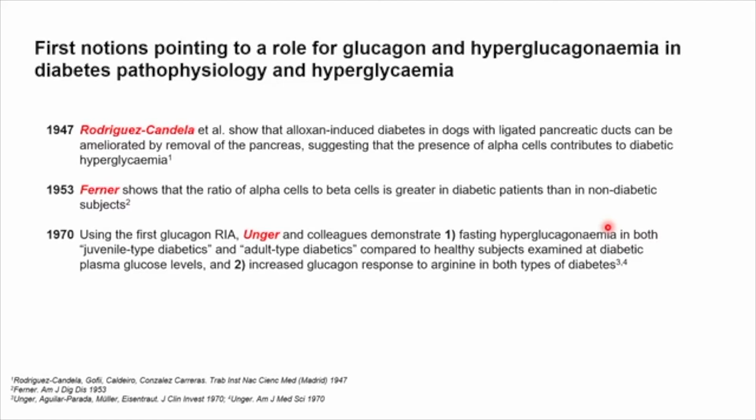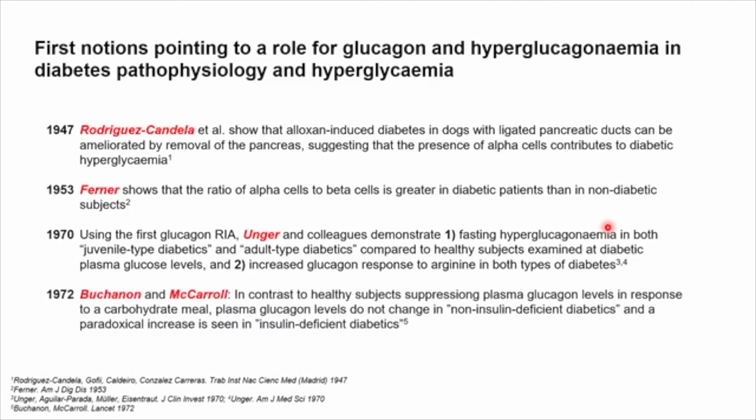Both these types of diabetes were characterized by what he called relative hyperglucagonemia, at least when glucose levels were normalized to healthy controls. Also, he showed that both types were characterized by an increased response to arginine infusion, meaning that these patients have hyperreactive alpha cells to infusion of arginine.